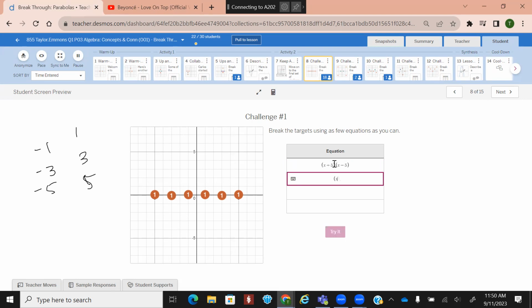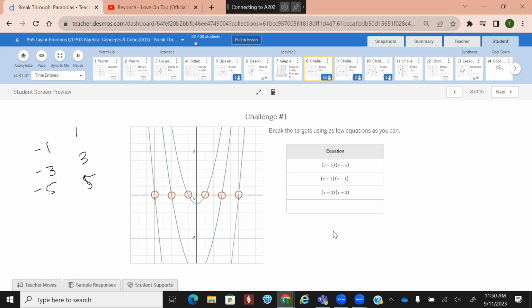And then the next one I could do x plus 1 times x minus 1. And then the next one I could do x minus 3 times x plus 3. And let's see if that got it. Ta-da! Now, you could have come up with something else as long as it breaks all of the little things.